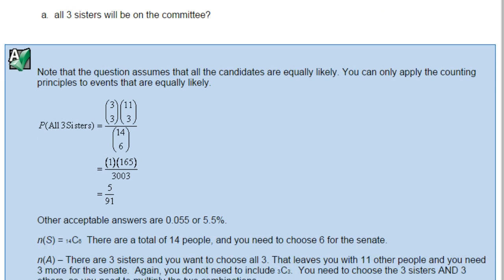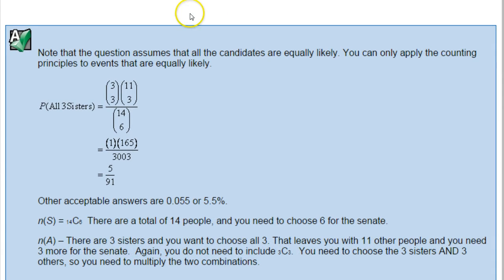So now let's take a look at the detailed explanation. So what I already said. Here we have the total number of possible samples, n(S), is 14 choose 6, which we saw up here. We've got 14 people, we need to choose 6 of them.